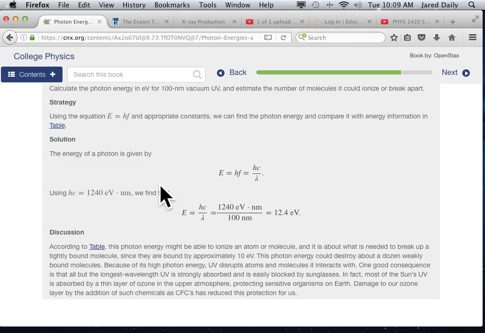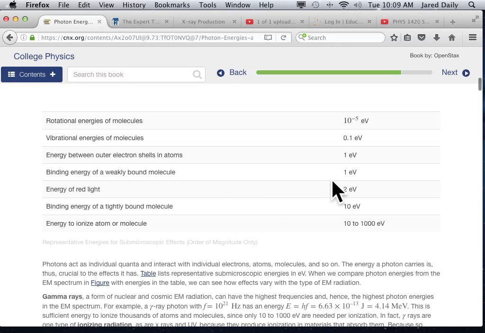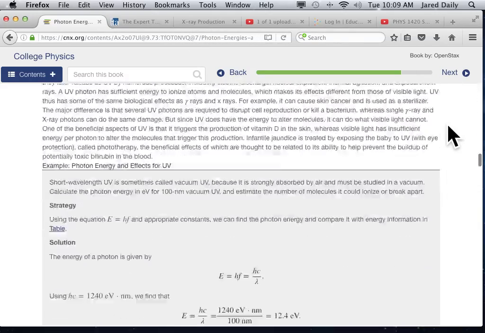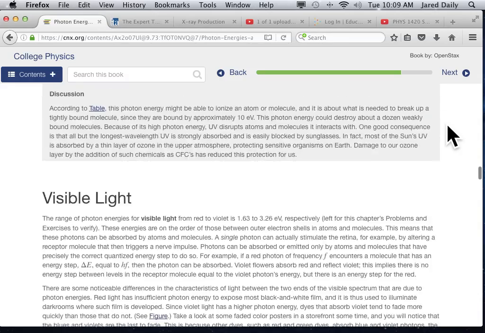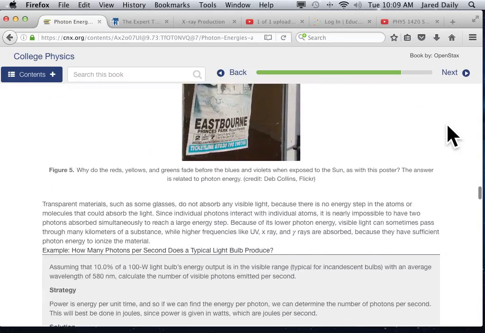Let's go back to the table here. You can do one molecule with 1 electron volt, and we've got 12, so we could do about a dozen molecules with just one photon. So that could be dangerous.